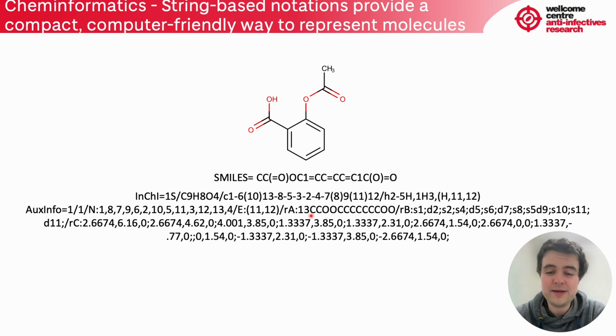However, there are some limitations with InChI, and that is that InChIs, whilst they are unique and can be used for deduplication, to make molecules unique, they will instead transform the molecule into a sort of fixed representation.